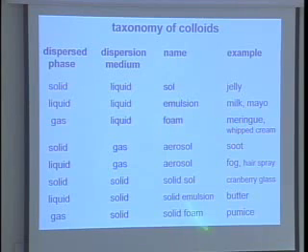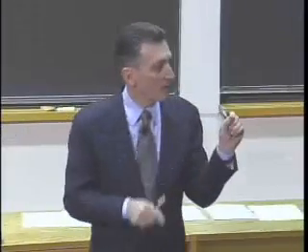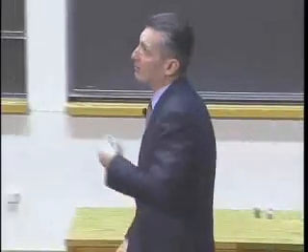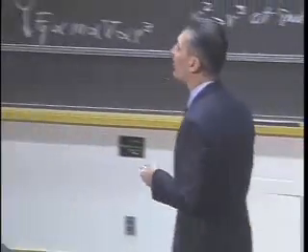And you can see many of the common products that we know are, in fact, these dual phase mixtures that involve very, very fine particles on the order of some hundreds of nanometers that we use in common products. So much for the taxonomy.